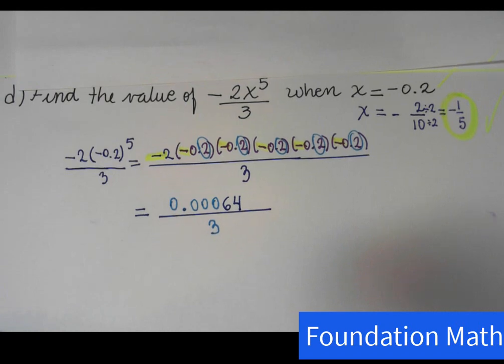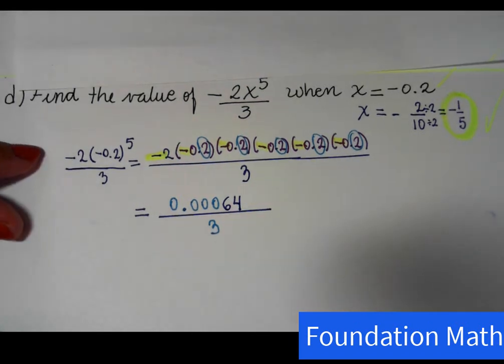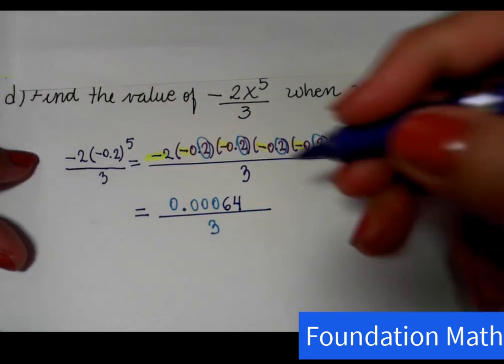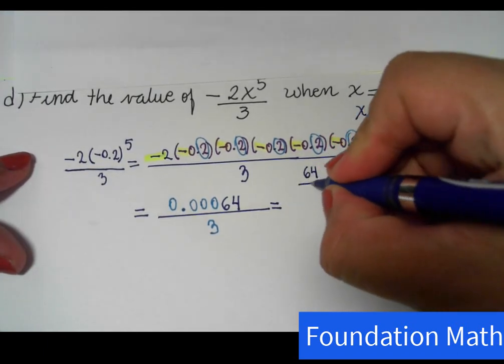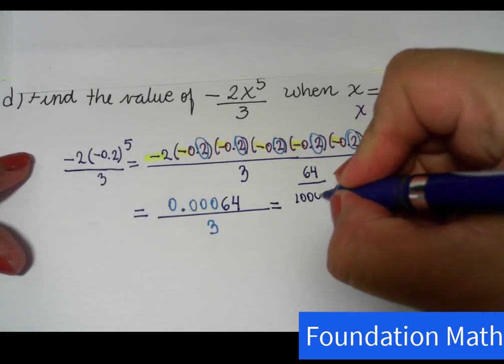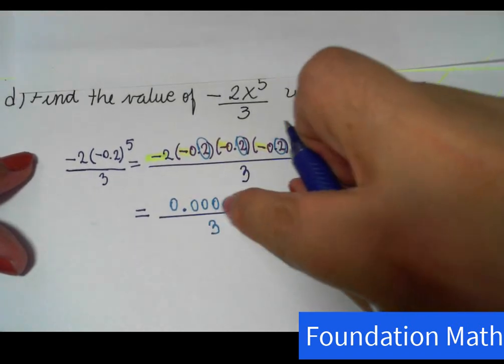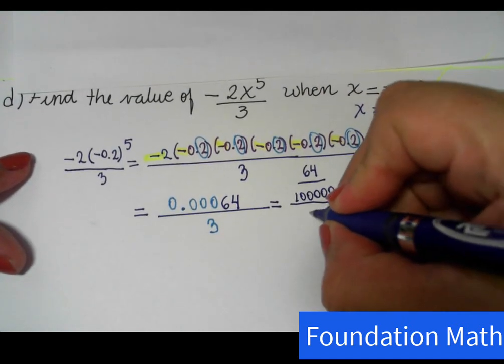Okay? Now, if you want to do the division, you can do the division. If you don't want to do the division, you just leave it like that. In this case, you can do the division 64 over 3 if you want, or you can transform the expression like this: 64 over 1, 2, 3, 4, 5, 5 zeros, over 3.